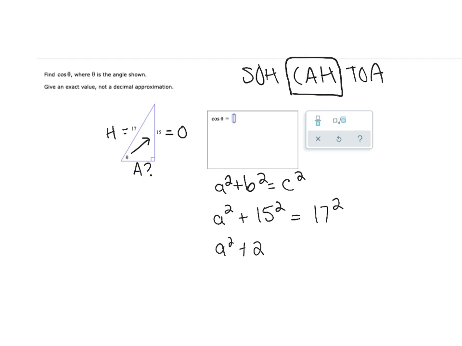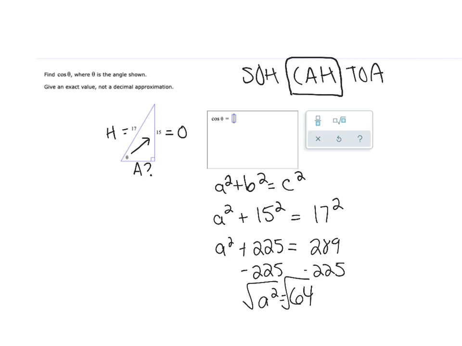So you have a squared plus 225 is equal to 17 squared. 17 times 17 is 289. Then you're going to subtract the 225 from both sides. So 289 minus 225 is 64. And then to get a by itself, I'm going to square root, because the opposite of squaring something is square rooting it. If I square root that number, it comes out to a nice 8. The square root of 64 is 8.